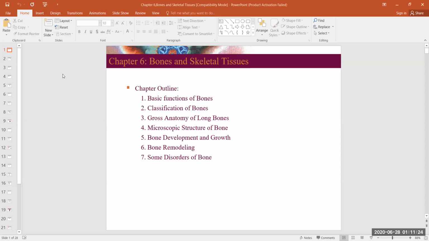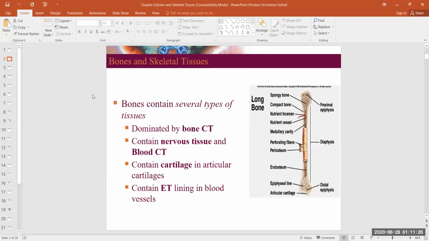So let's start with the overview of the bone structure here. In the right side, you can see the diagram. We have a bone. This is a long bone. You can see the middle part of the bone is called diaphysis, the middle piece, and it has two ends that are called epiphysis.